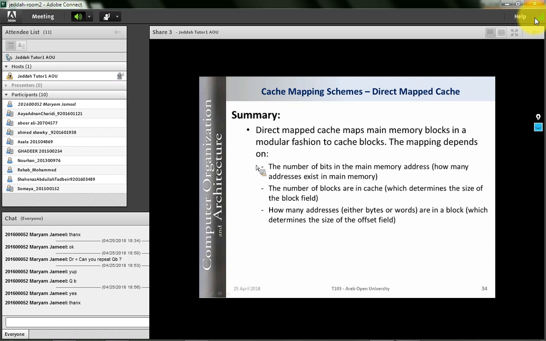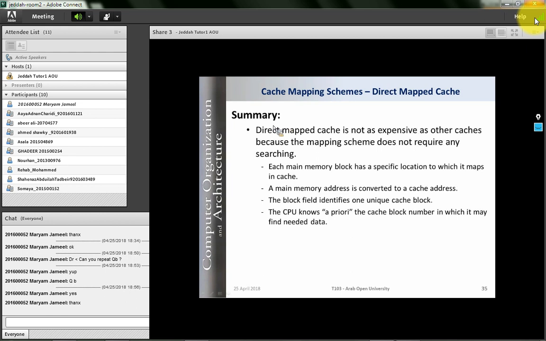The mapping depends on the total number of bits of the main memory address, and on the number of blocks in the cache, which determines the size of the block field. We also have to know how many words or bytes per block, and this determines the size of the word field. We can call it the word field or the offset field.